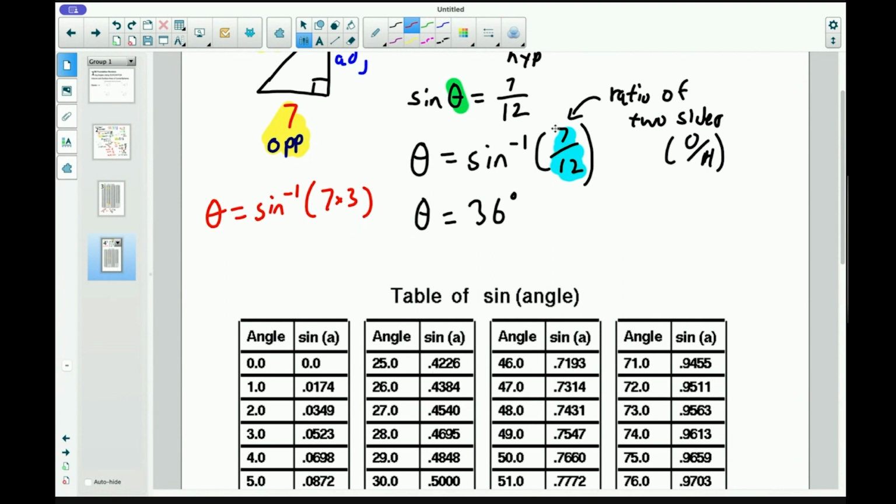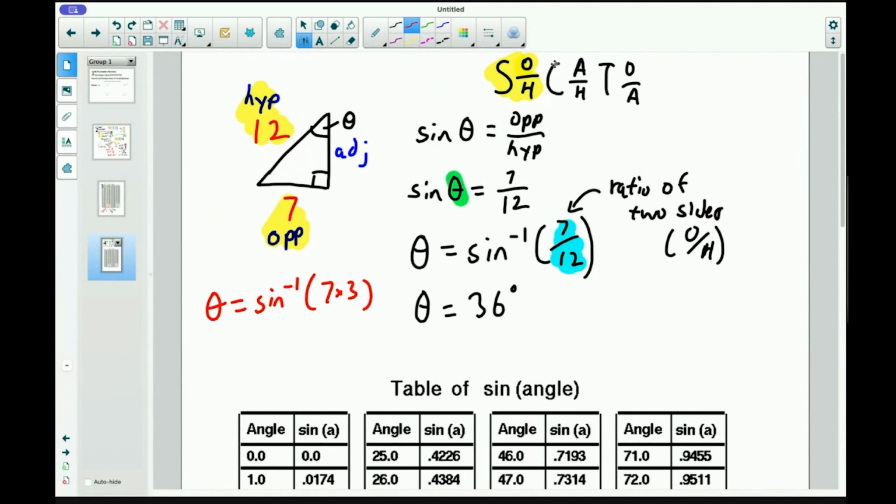We just wouldn't have that, because remember our SOHCAHTOA, all of our ratios are always being divided. It's always opposite over hypotenuse, adjacent over hypotenuse, or opposite over adjacent. So we would never see two numbers being multiplied on the inside here, because our trig ratios are always one side divided by the other. So this would never ever happen. Hopefully that answers your question.